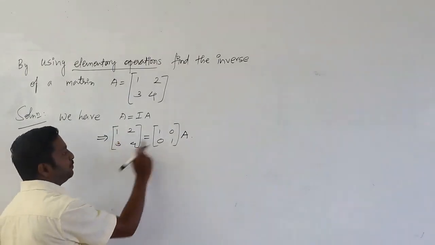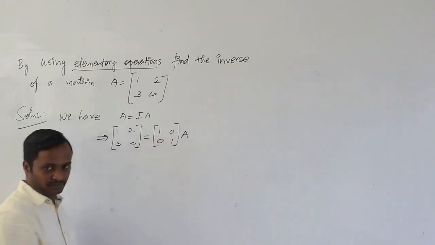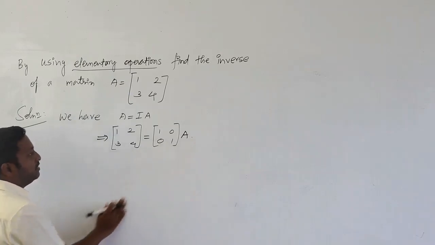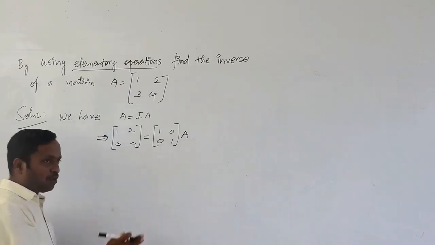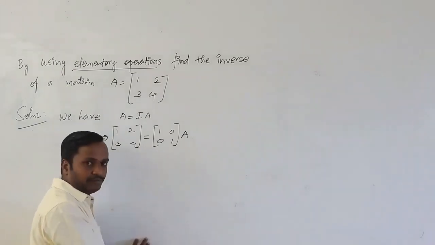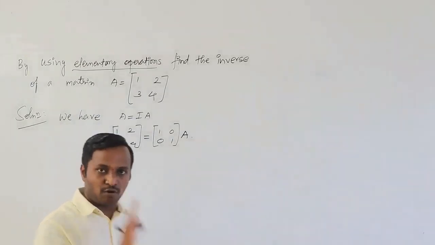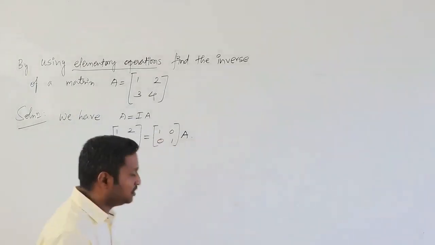So 1, 2, 3, 4, and here the identity, keep as it is till the last. The main point is that we have to use either row operations or column operations, but only one kind till the end. If you start with row operations, you have to end with row operations. Don't use column operations.